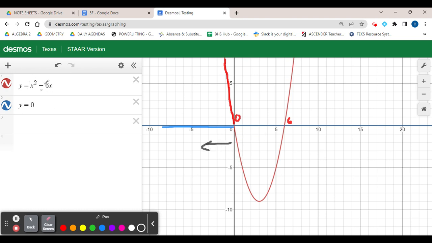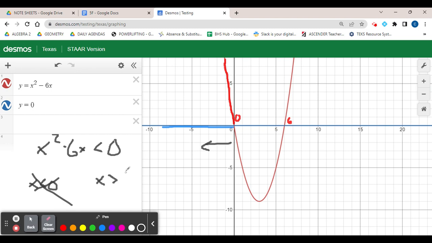Again, we want the x squared minus 6x to be less than 0. So if x is less than 0 over here, that ain't going to work, because that's going to make this red graph higher than the blue graph.